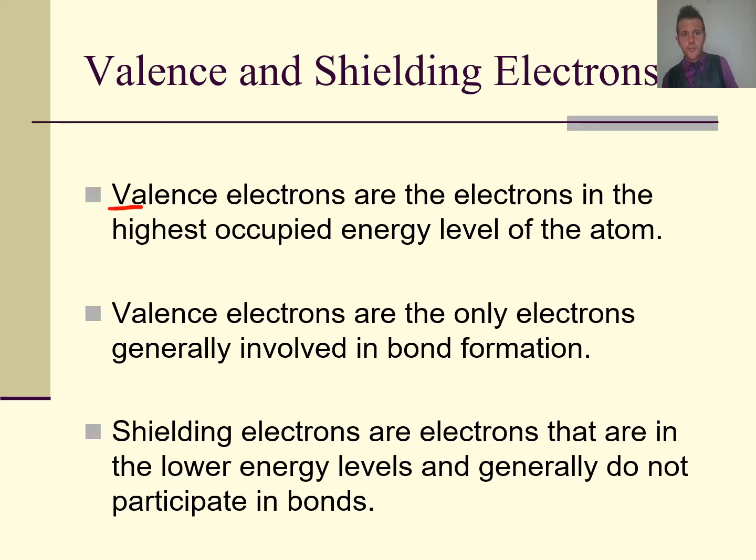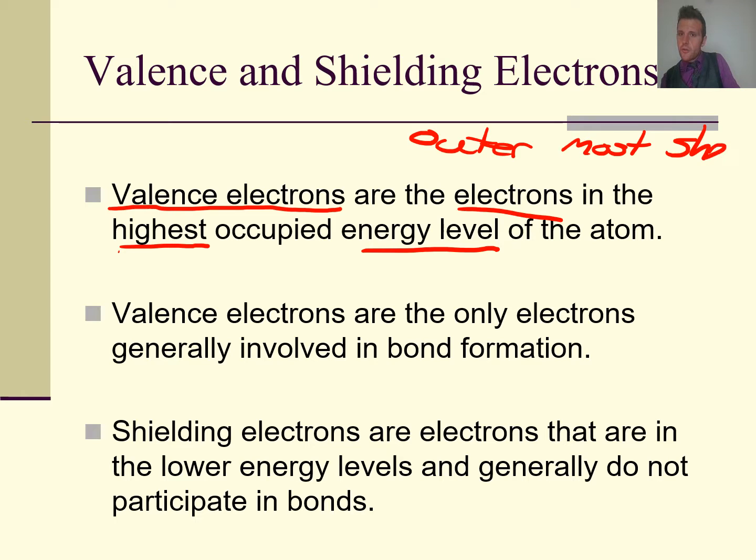Valence electrons are electrons on the highest energy level, or the outermost shell. You might have heard this a bunch of different ways. They are the farthest from the nucleus is a good way to think about it. And they're important because valence electrons are the only electrons that are generally used in bond formation. These are what make chemistry go, is a good way to think about it.